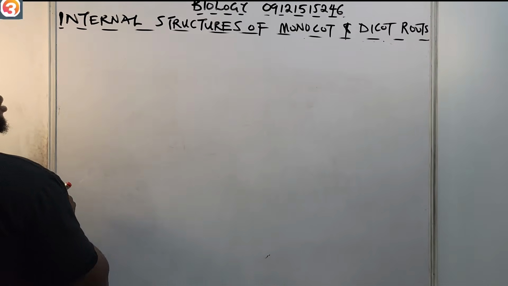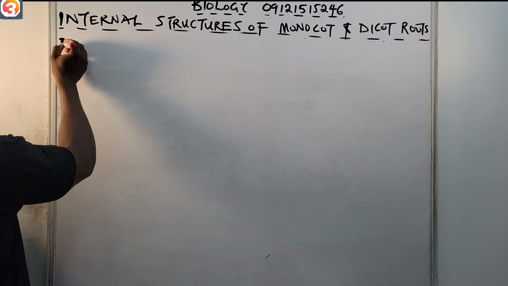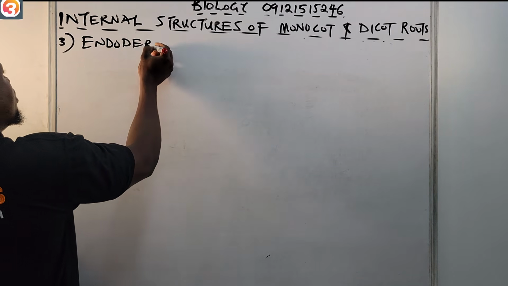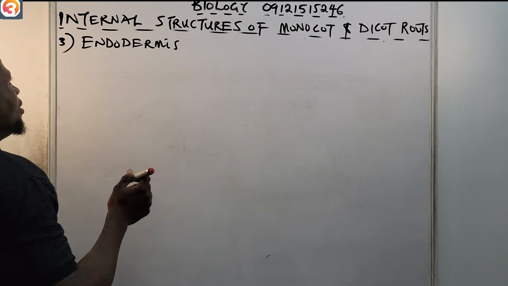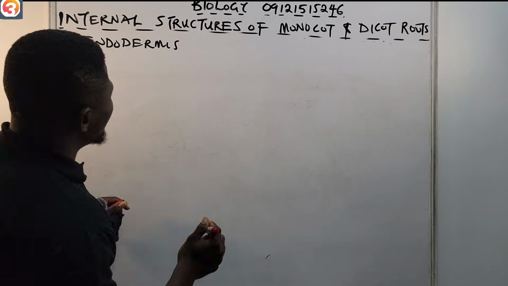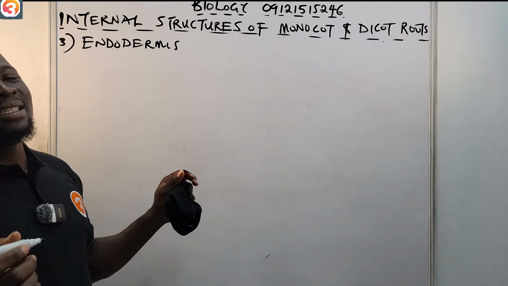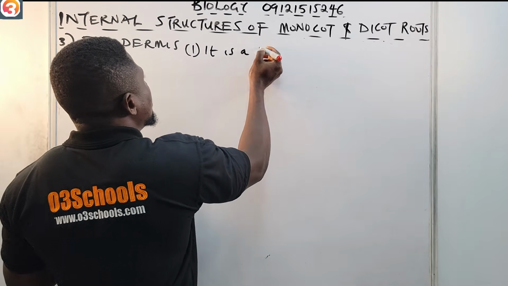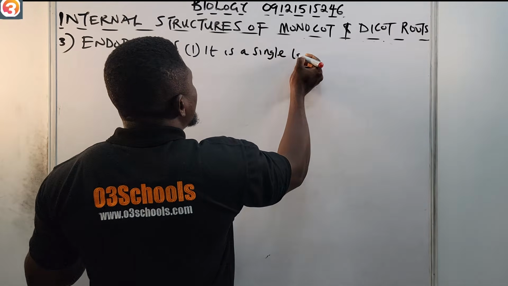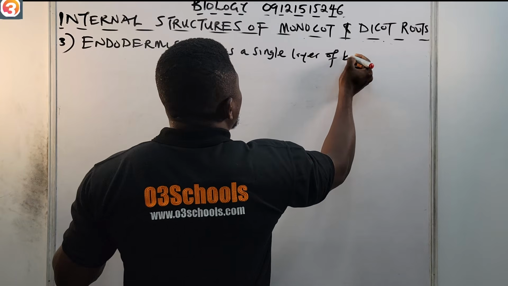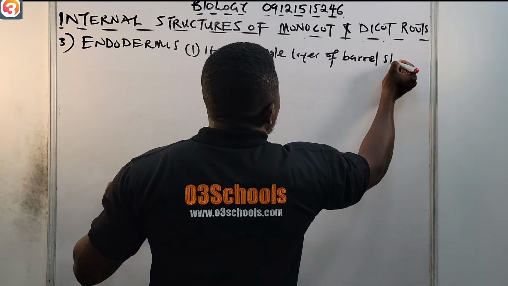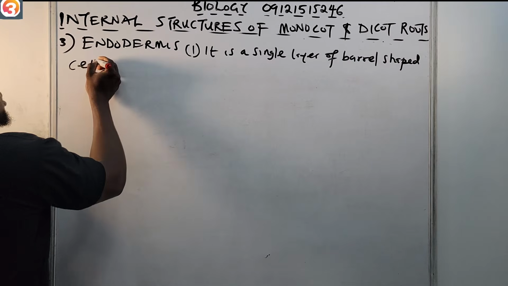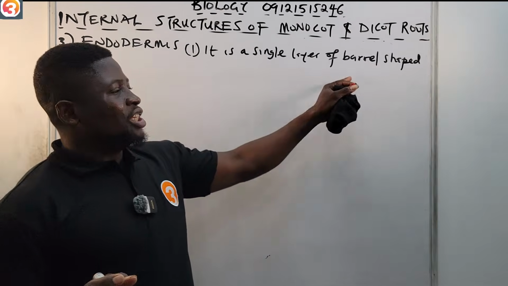Number three now, I'm talking about the endodermis. This endodermis is a single layer of barrel-shaped cells. Number one, it is a single layer of barrel-shaped cells. And what does barrel-shaped cell mean?